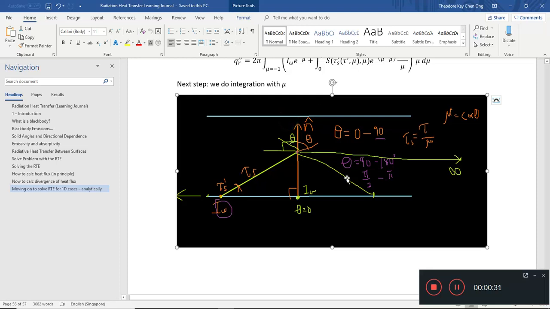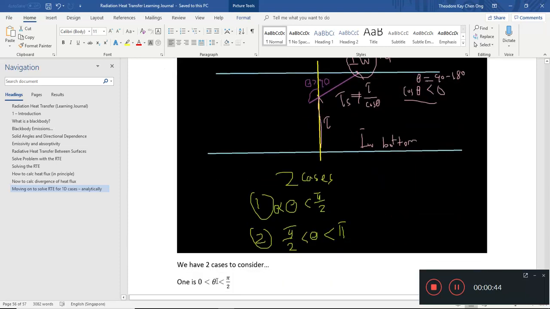And for theta 90 to 180, or pi by 2 to pi, the radiation is coming from the top plate. So we need to consider these two cases differently for this plane parallel case.